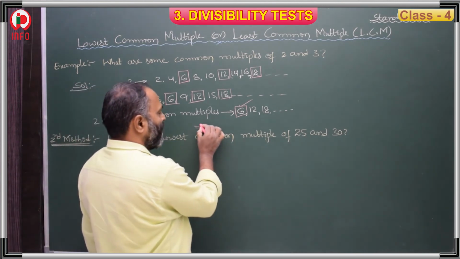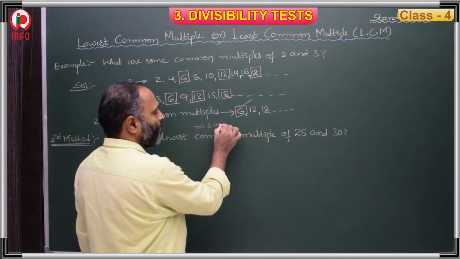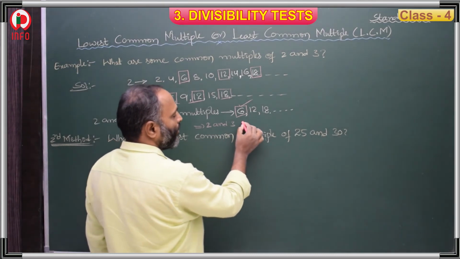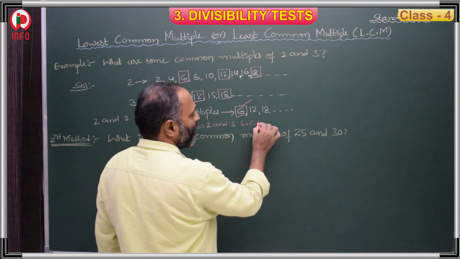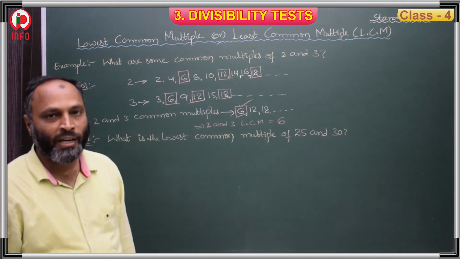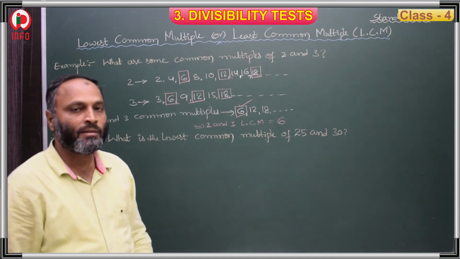Therefore, the least common multiple of 2 and 3 is 6. In this way we find the least common multiple.